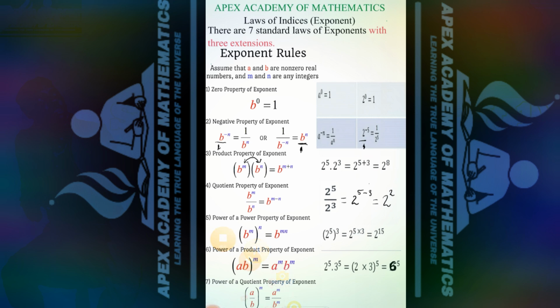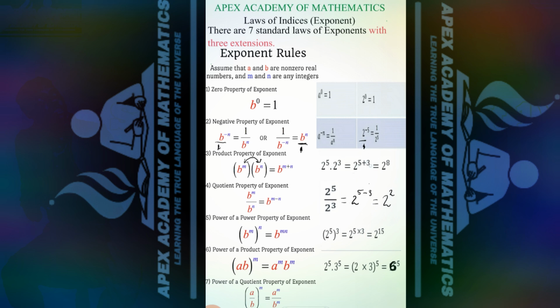Let's just reiterate this for you. Whenever we are multiplying and the bases are the same, then we add the powers, or add the indices, or add the exponents. Hopefully you're clear with that. Here's an example: 2 to the power of 5 multiplied by 2 to the power of 3. We don't need to work out what these are individually.